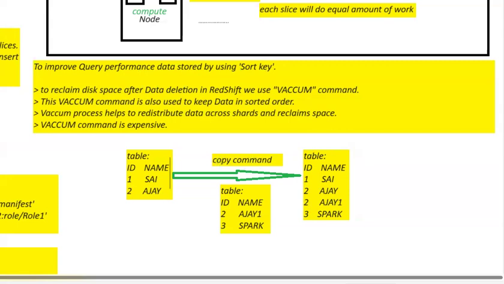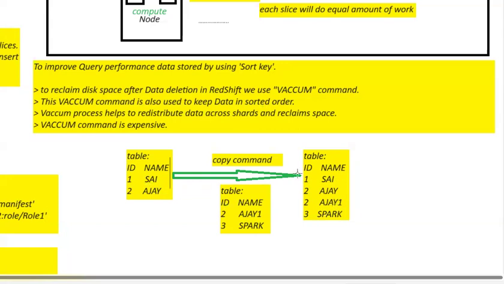If I use the copy command to copy data from a source table to some destination table, where my destination table contains some data, then what this copy command does is it just appends the source table data to the destination table data.